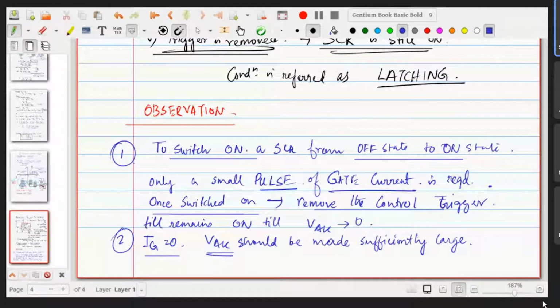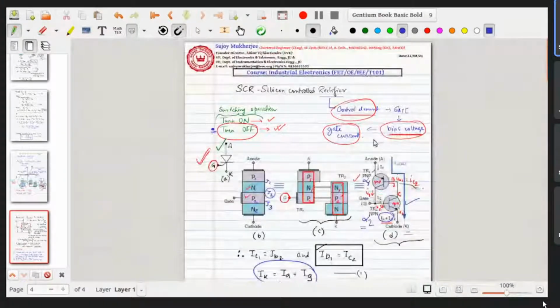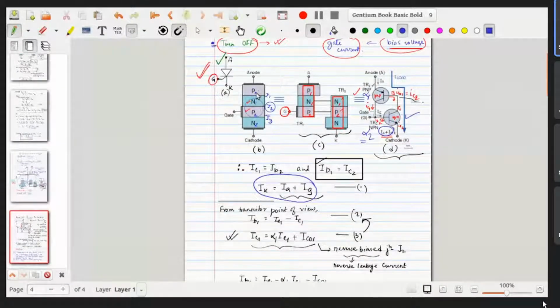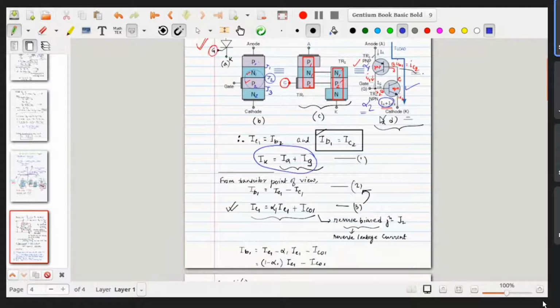So if I look back at the entire class that we discussed today, one point is how we can break up the SCR, which is a three terminal device considering the 4 layers and 3 junctions, into the 2 transistor model analogy, PNP and NPN, where we work with the transistor model itself by representing the transistors in figure D. Then we calculate the relation between the anode, cathode and the gate currents.